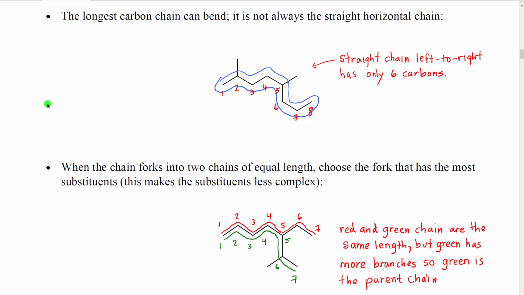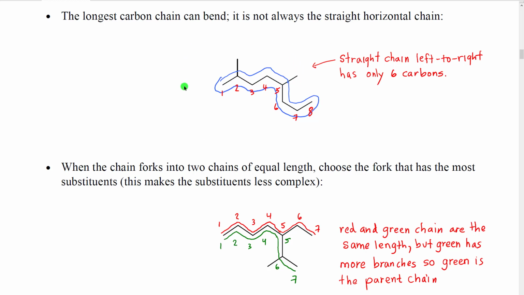So we're really just looking for the longest continuous chain of carbons. So the first issue is that the longest carbon chain can be written bent and curled up and twisted. It may not necessarily be the longest straight horizontal line as the structure is drawn.